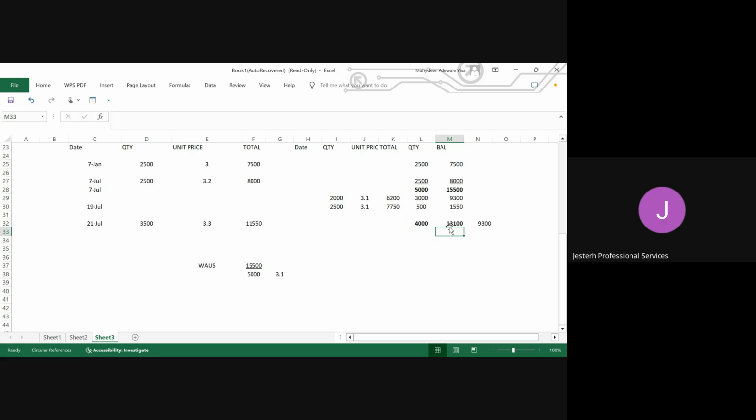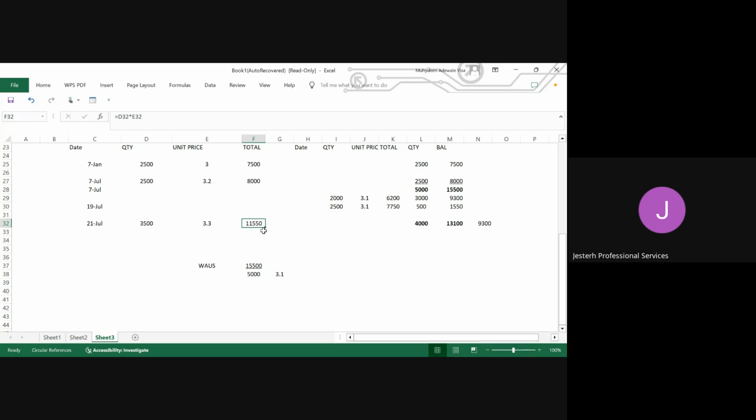Okay, this plus this. So how do we arrive at this 13,100? Very simple. Before we are having our closing inventory as at on the 19th July is 1,550. And then on the 21st of July, they decided to bring in another 3,500 units of products at the rate of 3 naira 3 kobo, which the total value is 11,550.